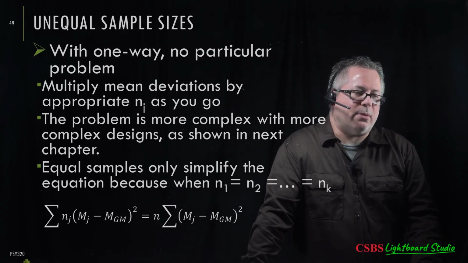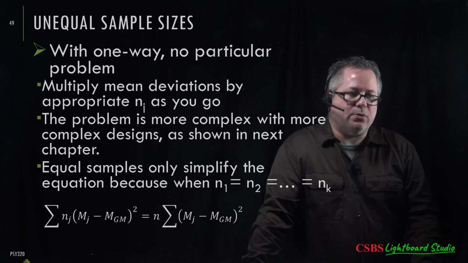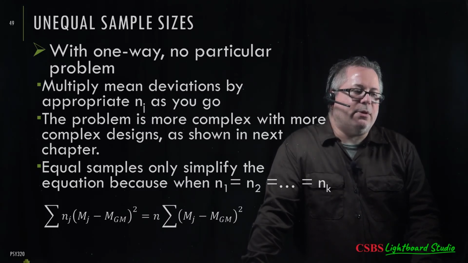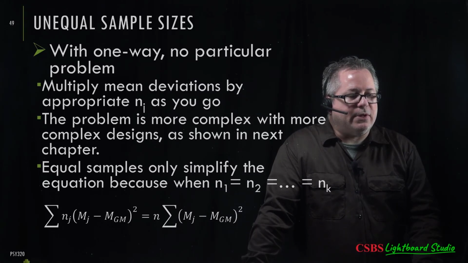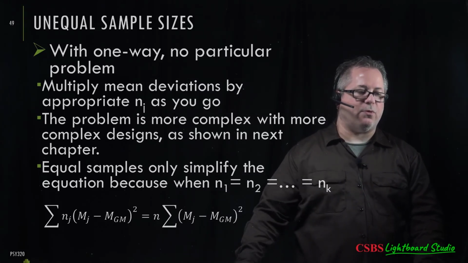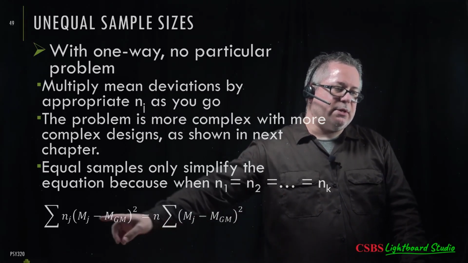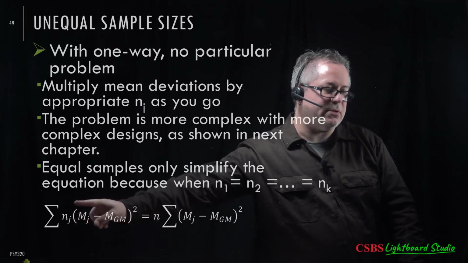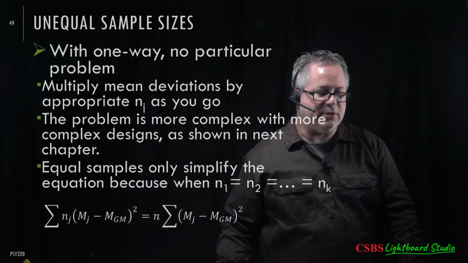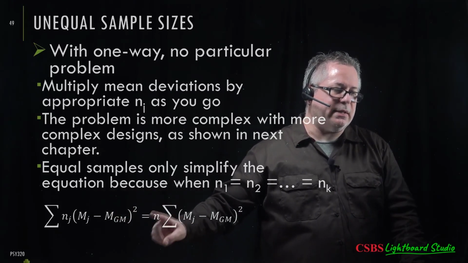The problem is more complex with more complex designs. As we get into factorial and repeated measures designs, they become a little bit more of a problem. But equal samples only simplify the equation. When n1 equals n2, all the n's are equal, so you can factor that n sub j out and just have one n at the end.